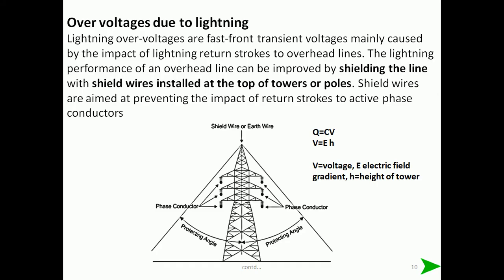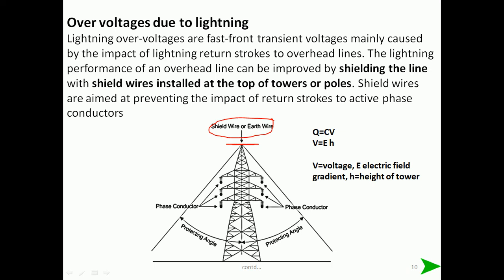Now, overvoltage due to lightning. When lightning occurs at any transmission tower, we must protect that tower with a shield wire. A shield wire is the topmost wire kept over all transmission sections. What is the mechanism behind it?